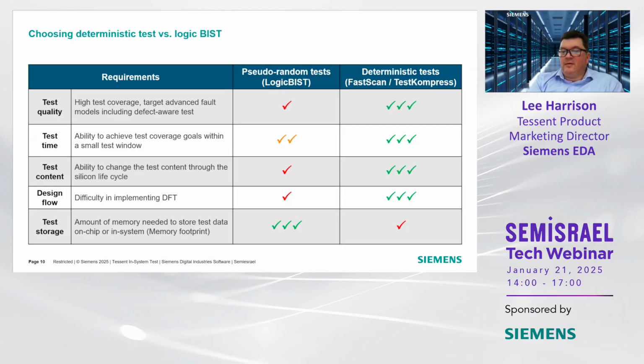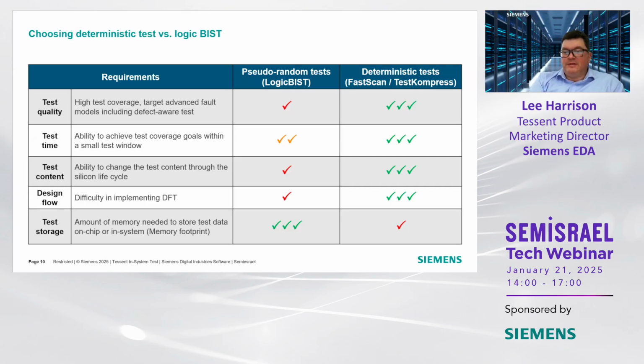And then on the test pattern content, again, as I said, we've got the ability to fine tune and change the test pattern content during the life cycle of the silicon, whereas logic BIST, being random pattern generation, is very fixed and is not easy to change and update. So having that flexibility to be able to change and fine tune the test pattern quality really helps.